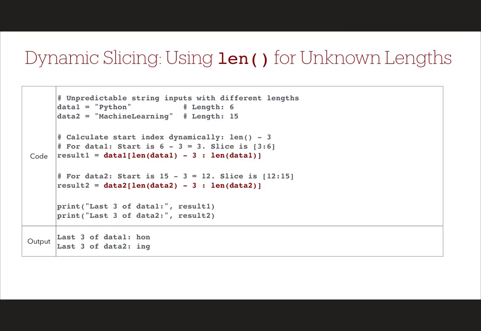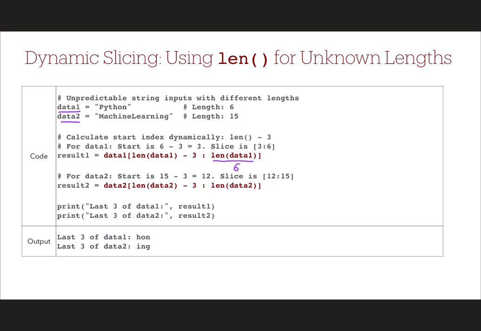Given this code, data 1 and data 2 are considered. Data 1 consists of only 6 letters. Data 2 consists of 15 letters. So if I want to consider, say, the last 3 letters in data 1 and data 2, I can use the length function. So len of data 1 will return the value 6.